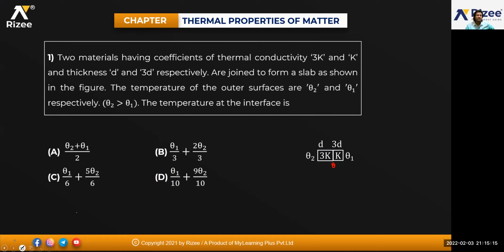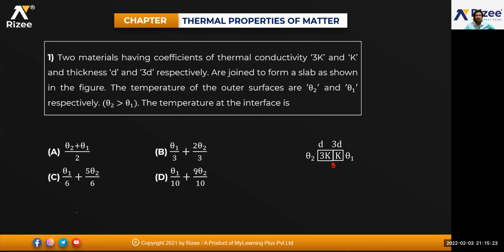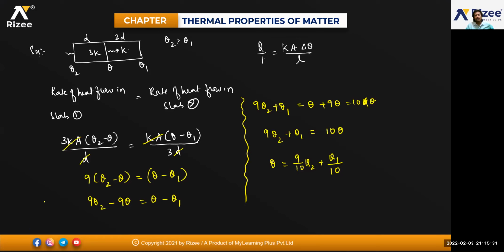See which option is matching there: theta 1 by 10 plus 9 times theta 2 by 10. So the first option will be the answer. Got it, everyone?